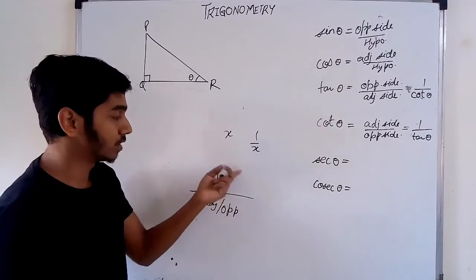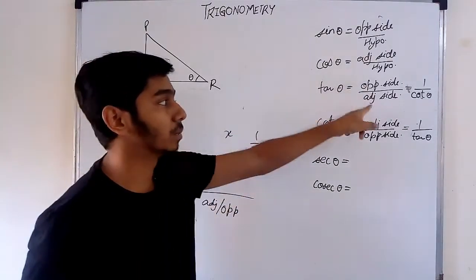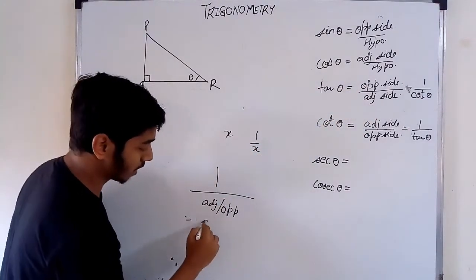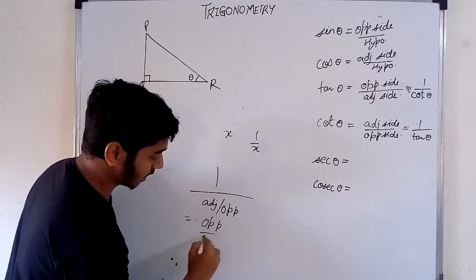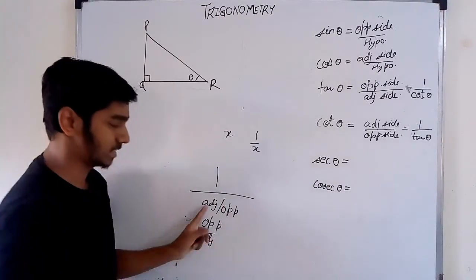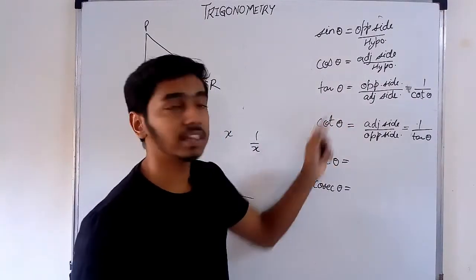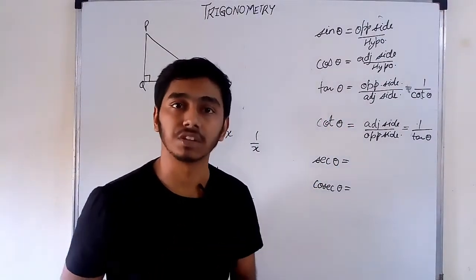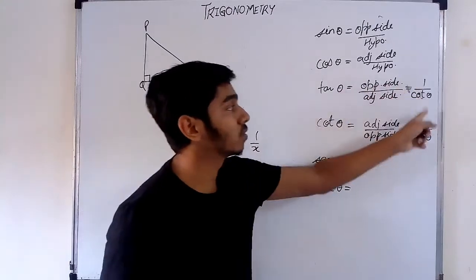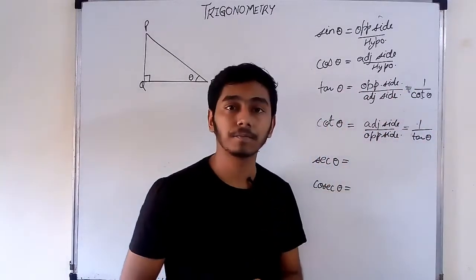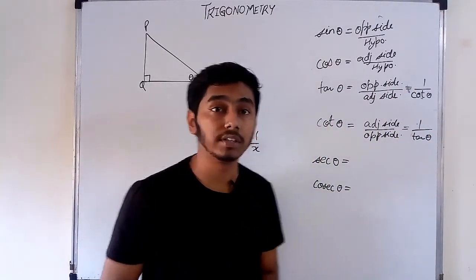This opposite goes up and it becomes opposite upon adjacent. So that is what we get. So tan and cot are reciprocals of each other. You can say tan is 1 upon cot or cot is 1 upon tan. I hope you have understood this.